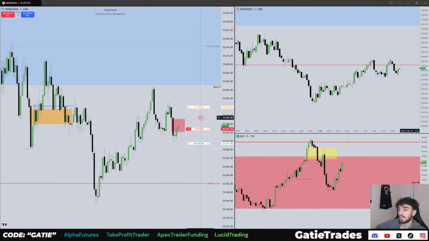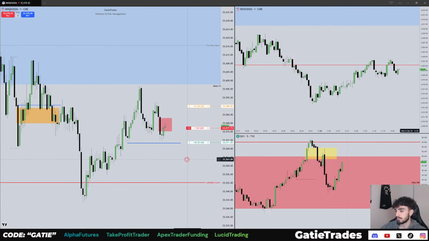Dollar index looks good. ES and NQ look good. Target the equal lows.